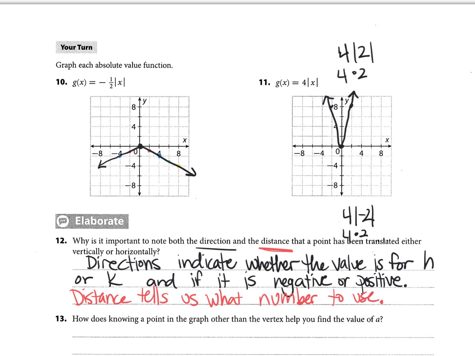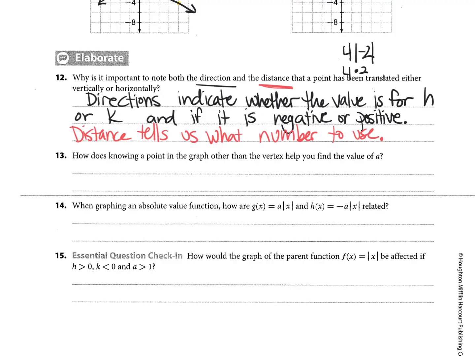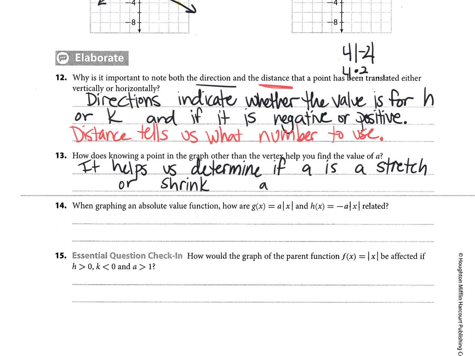How does knowing a point in the graph, other than the vertex, help you find the value of a? This helps us identify if the a value represents a stretch or a shrink, and if it's positive or negative.